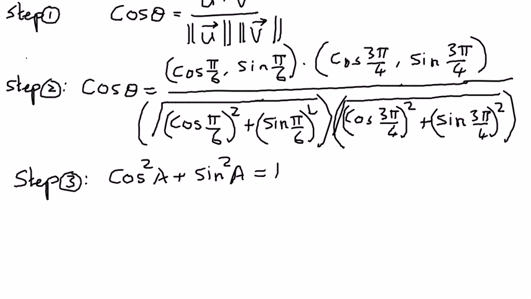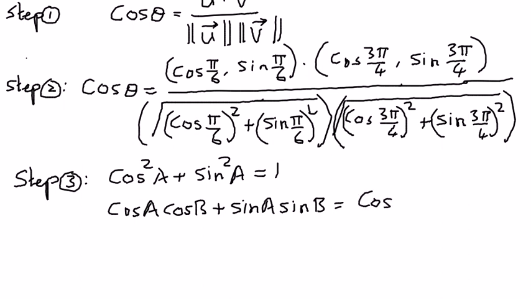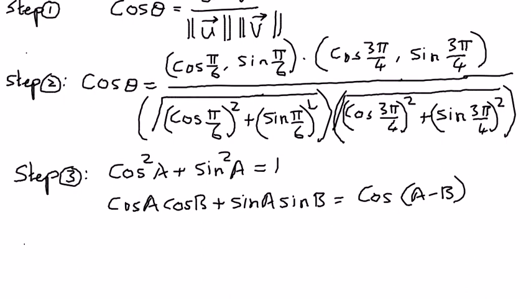We also know that cosine a times cosine b plus sine a times sine b, we can combine them as cosine of a minus b. So we will use these formulas to simplify what we have in here.